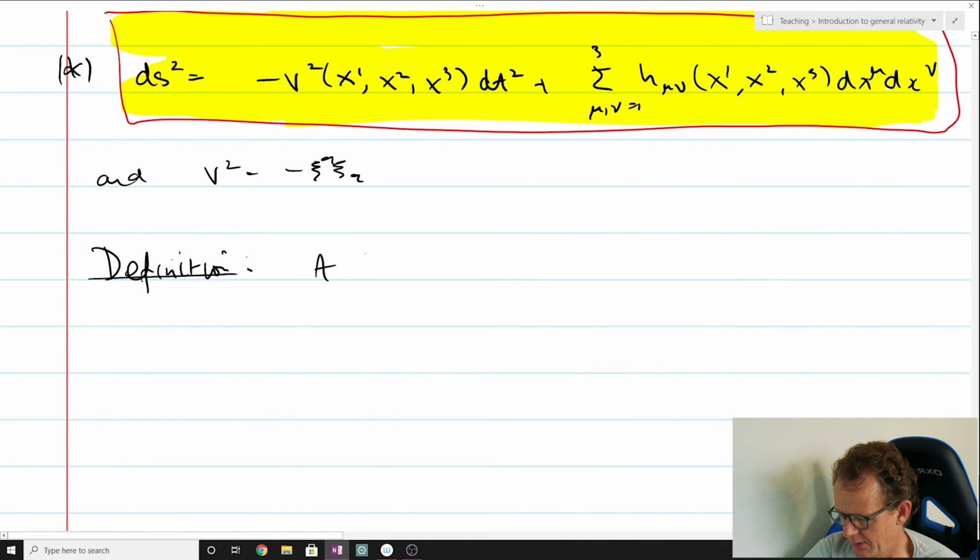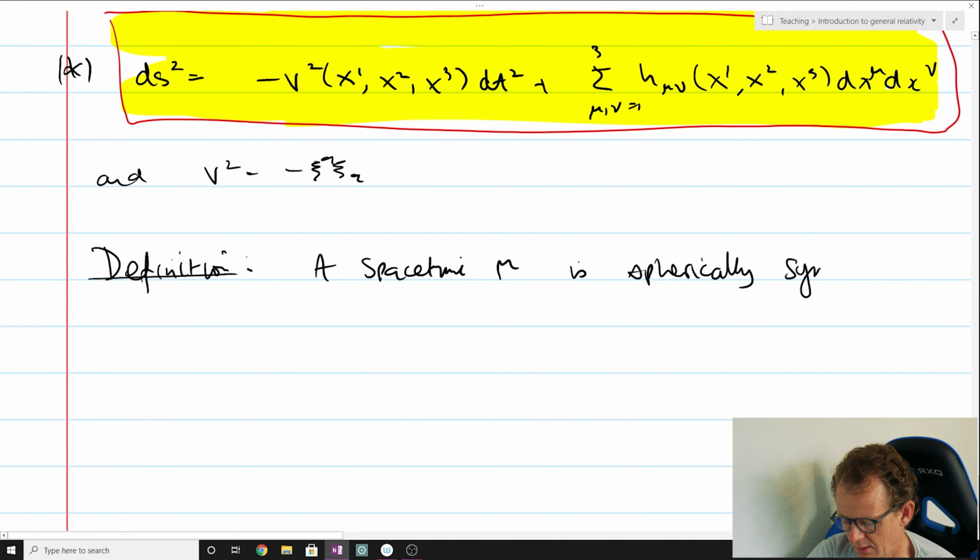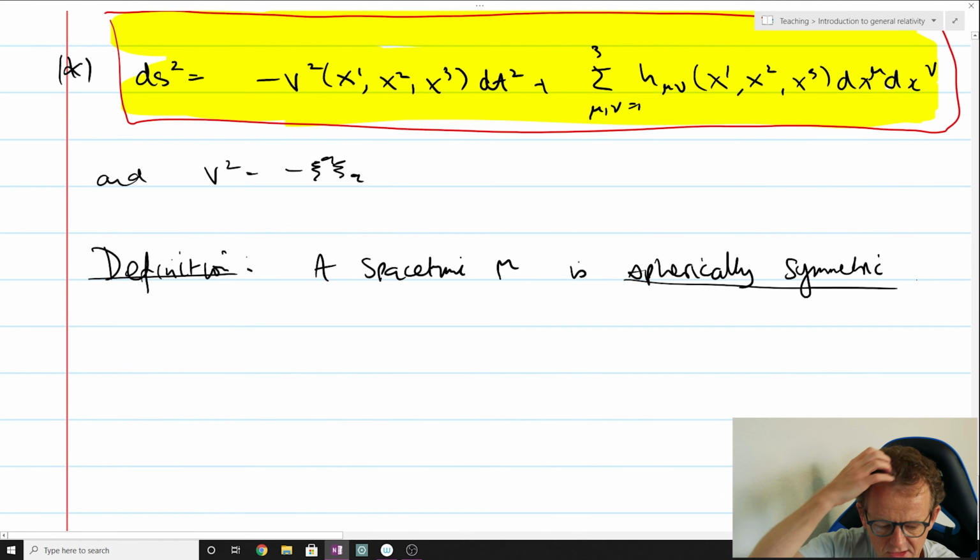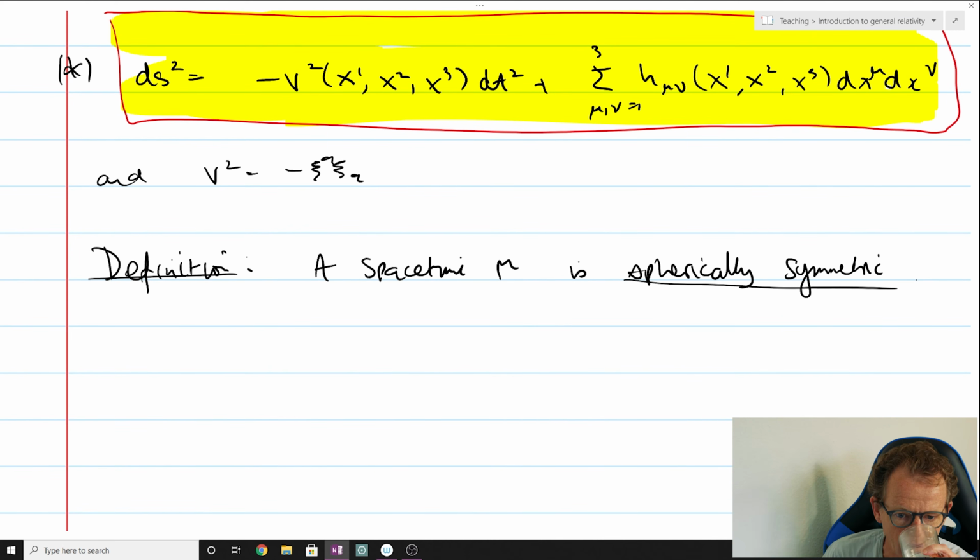Now, what does it mean, spherical symmetry? Well, again, you look to the symmetries, right? The word symmetry tells you everything. And in particular, for something to be spherically symmetric, it must mean that of all the symmetries that your manifold has, there must be a subgroup that's equivalent to the symmetries of a sphere.